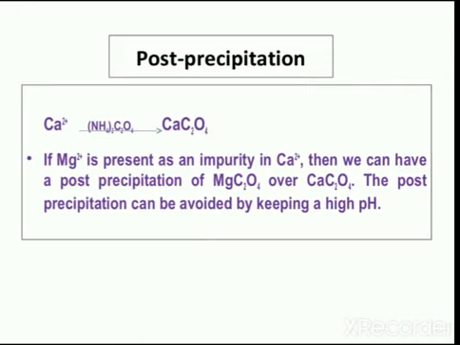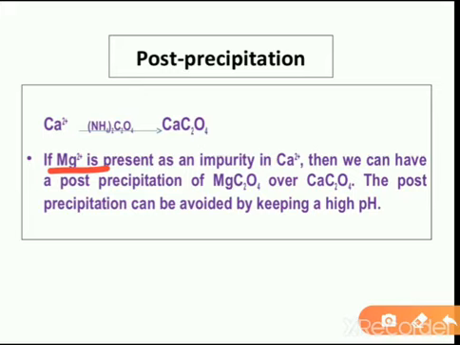In post-precipitation, for example, calcium is precipitated as calcium oxalate. When calcium is determined as its oxalate, if magnesium is present as an impurity, this magnesium stays dissolved in the solution at first, but later it also gets precipitated as magnesium oxalate.